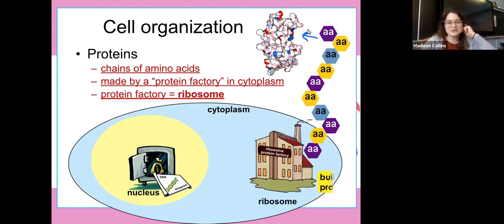So we know that proteins are made in the ribosomes, in the cytoplasm. But we also know that those proteins get their instructions from DNA. So how do we get this DNA that's locked away inside the vault out into the cytoplasm to go to the ribosomes if we want to keep the DNA protected? That DNA can't leave, so what has to happen? Well, let's find out.